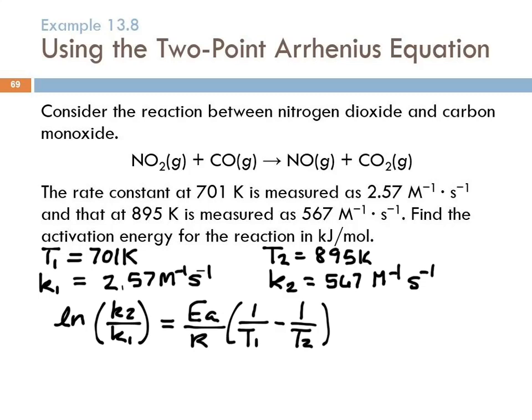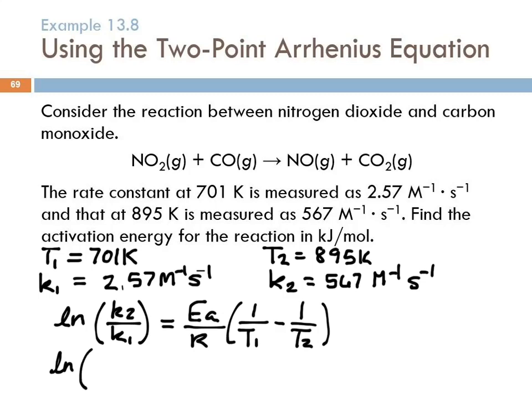Now, you could rearrange this equation and solve for EA and then plug the numbers in, but this is kind of a messy one, isn't it? So I'm going to say do whichever one you're better at. I'm just going to plug the numbers in and solve for EA.